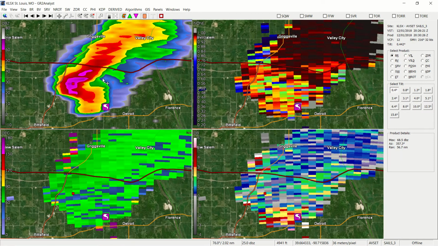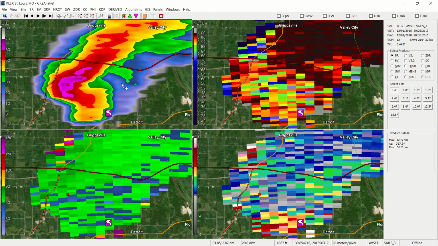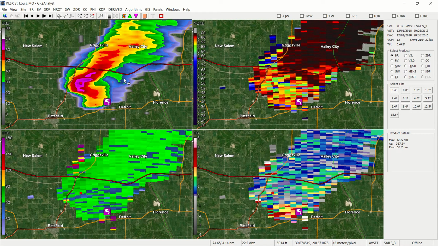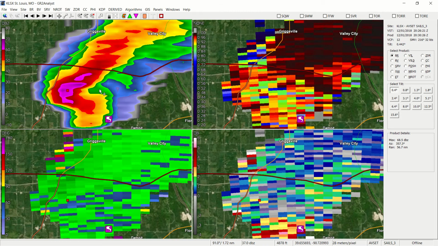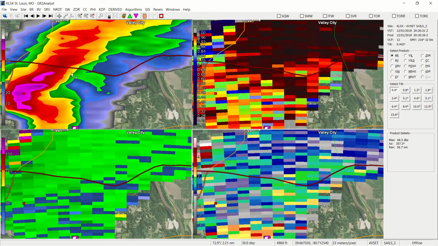You can still get debris balls that go up to 5,000 feet, but that's still pretty high up in the air. And also these are discrete cells, so it's hard to pick out an area of lower dBz, lower correlation coefficient, if we had a debris signature in this area. So not too useful in this case because of all those things I just mentioned.